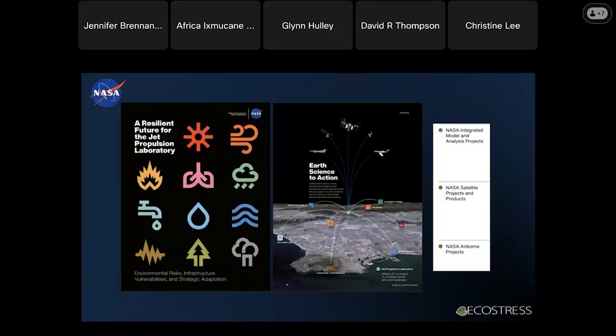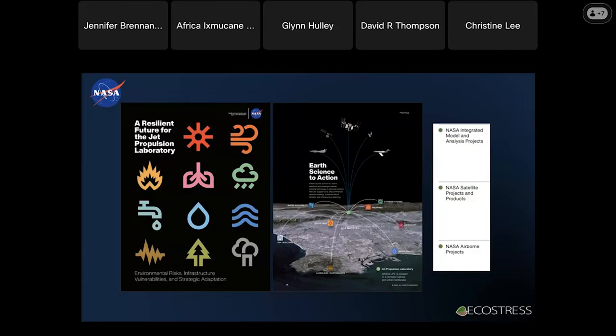And then lastly, I wanted to note this report that was developed for JPL. This is an example of us also walking the walk in terms of utilizing Earth observations for decision making. This was a report that was developed to understand environmental risks, infrastructure vulnerabilities, and strategic adaptation opportunities for JPL, its surrounding areas, and LA County more generally, related to future risks for environmental conditions.